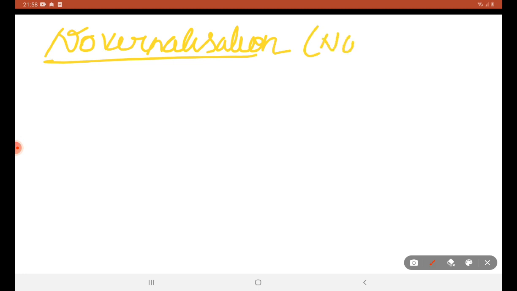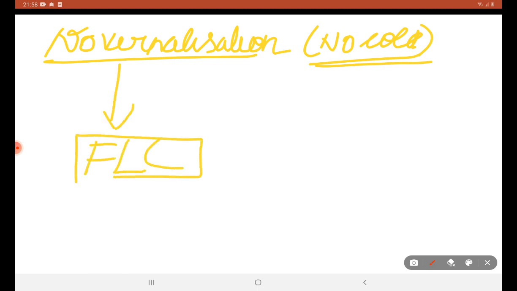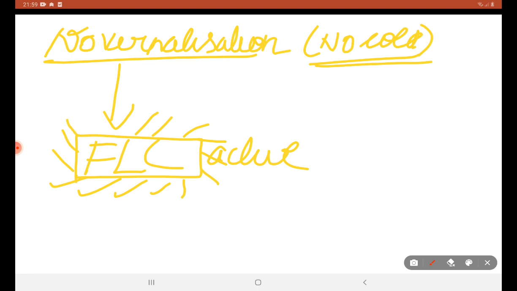What will happen if there is no vernalization? Meaning no cold treatment. If there is no cold treatment, it will promote the expression of FLC, which becomes active. FLC will become active. It will inhibit FT, FD, suppressor of constans 1.